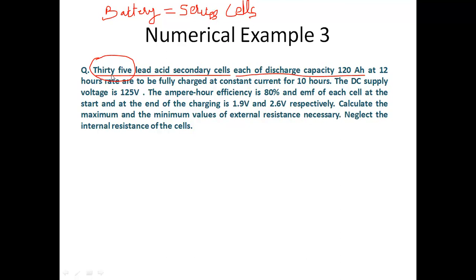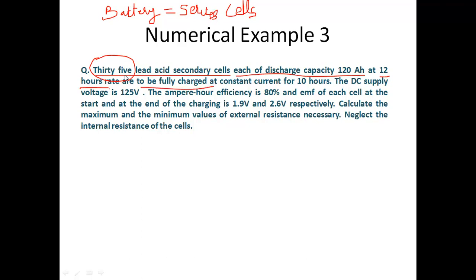So here we have 35 individual cells which are joined together to form a battery. The other data are given. 120 ampere hour is the discharge capacity, 12 hours is the discharge time, are to be fully charged.